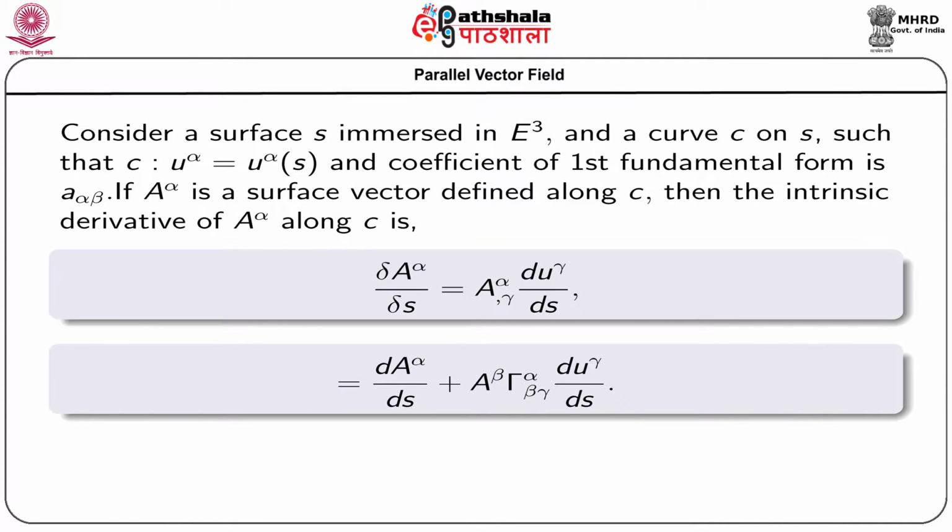Now, this expression will come to dA alpha ds plus A beta Christoffel symbol alpha beta gamma du gamma ds. This is coming from the covariant differentiation of the vector A alpha.